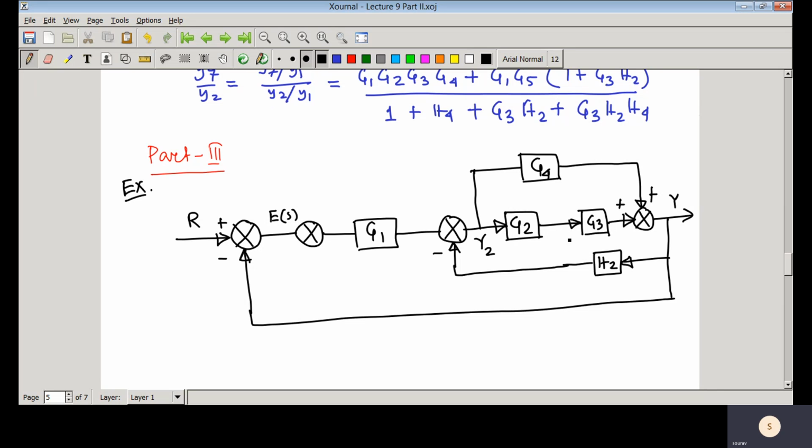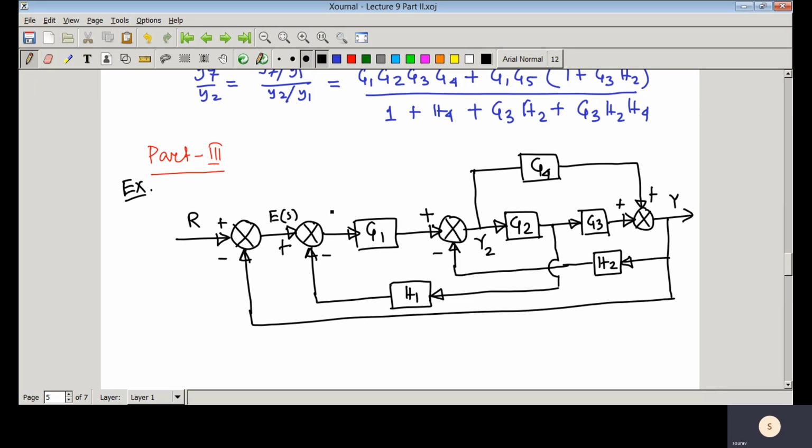Now basically there are three loops, and this is a closed loop control system, and we are trying to represent it by a signal flow graph.